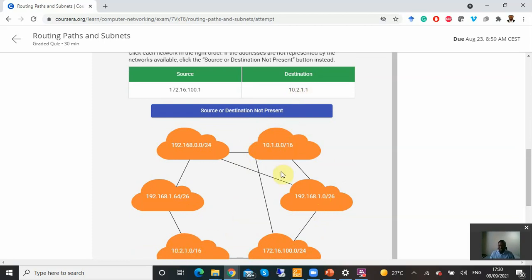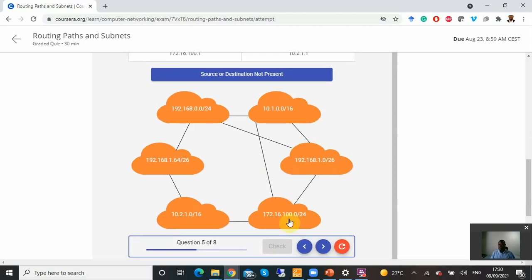The last octet 1 for destination is 0 for the network space. 1 step behind, 1 step backward. So which means you are moving from here to here, just 2 steps. Let's check. You can also see it turned green, which means we are also correct. 5 out of 8. Let's move on.